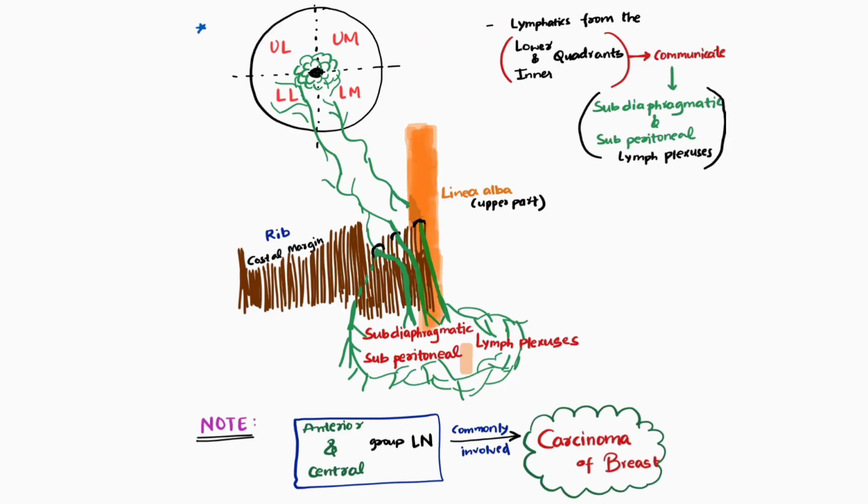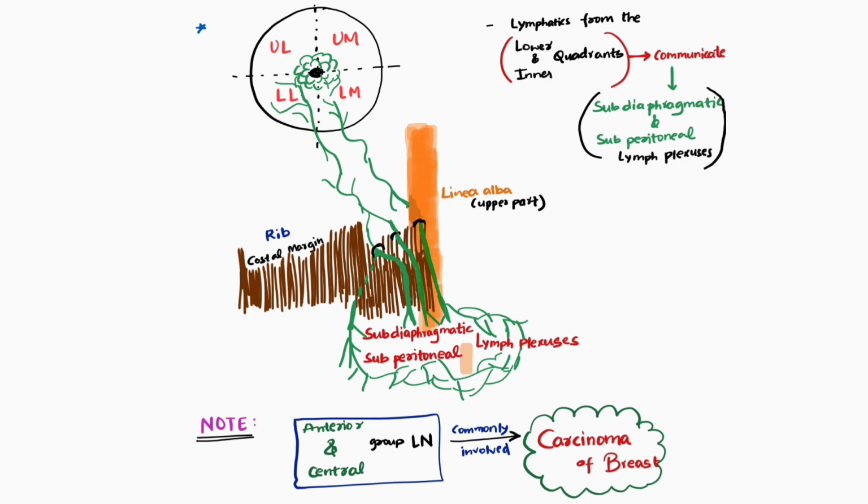And the lymphatics from the lower and inner quadrants of the breast may communicate with the subdiaphragmatic and subperitoneal lymph plexus lymph nodes after crossing the costal margin and then piercing the anterior abdominal wall through upper part of the linea alba, which is clearly schematically represented in the diagram.